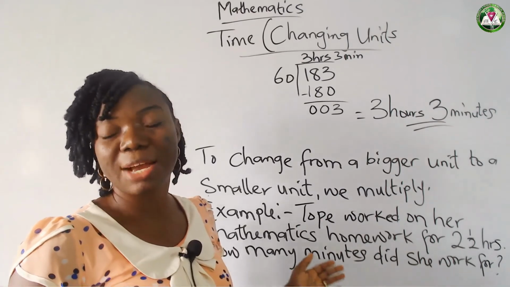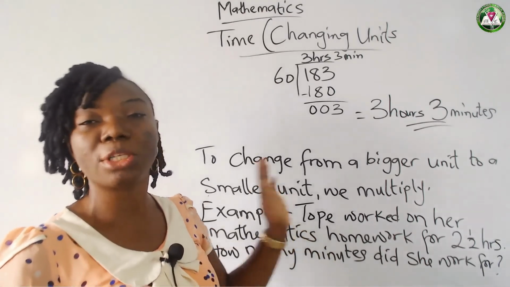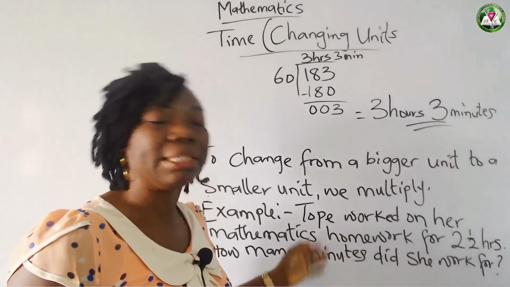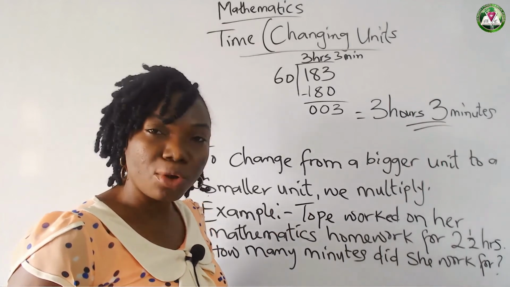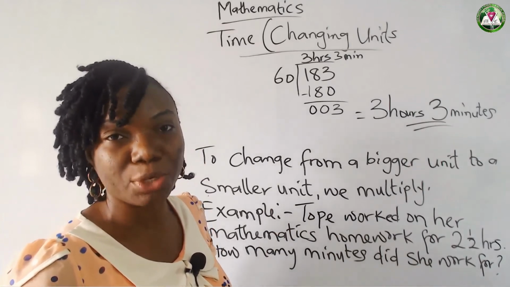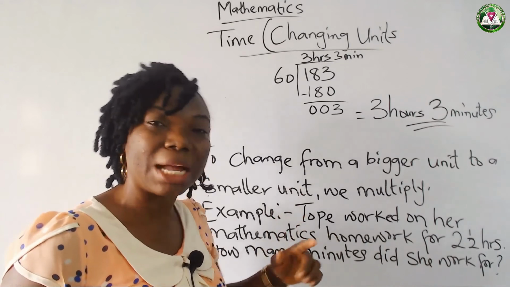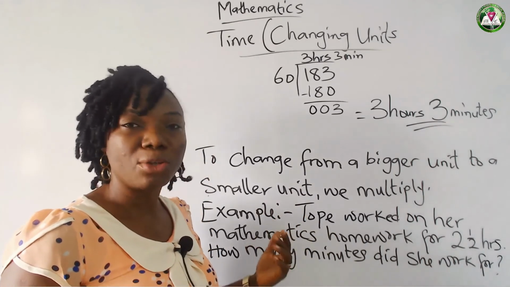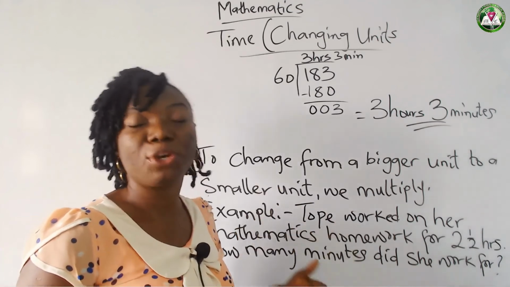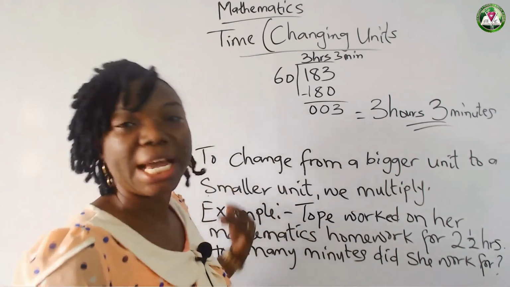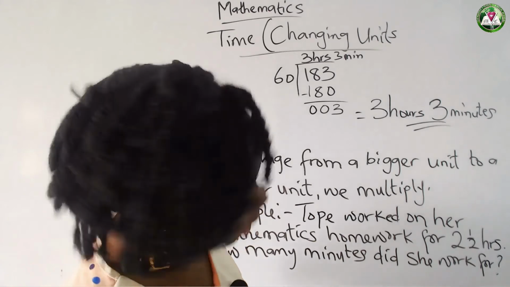Now you can see that we're changing from hours to what? Minutes. Hour is bigger than what? Minutes. Is that clear? Now we're also going to divide by what? 60, because it is 60 minutes that makes an hour. Sorry, not divide, we're going to multiply by 60 because we are changing from a bigger unit to a smaller unit.